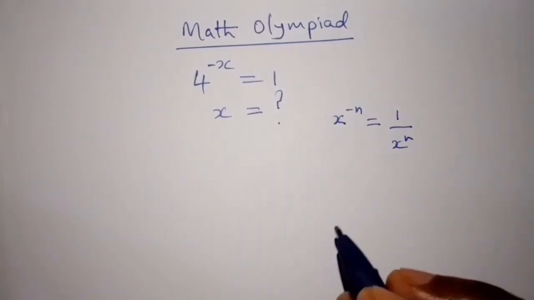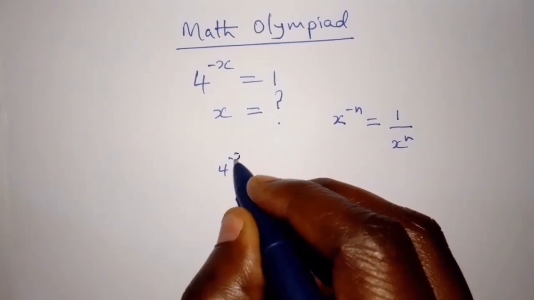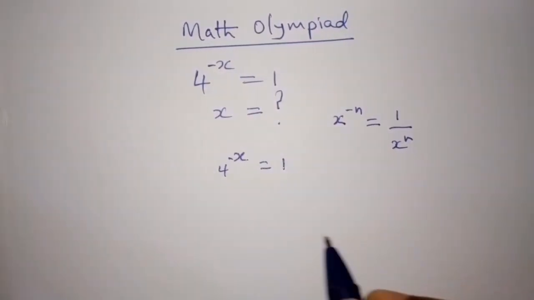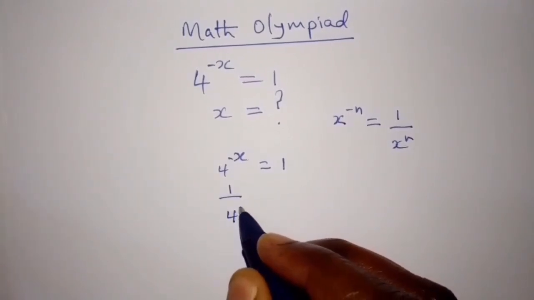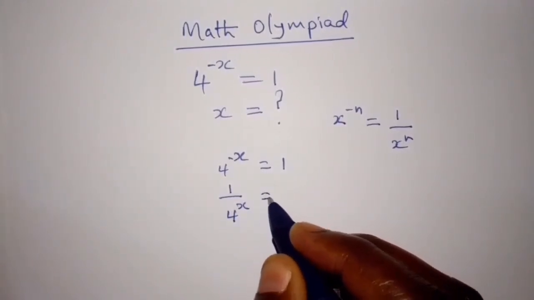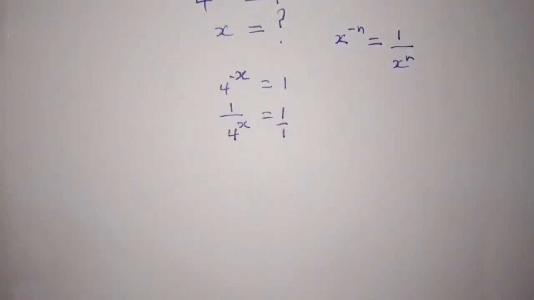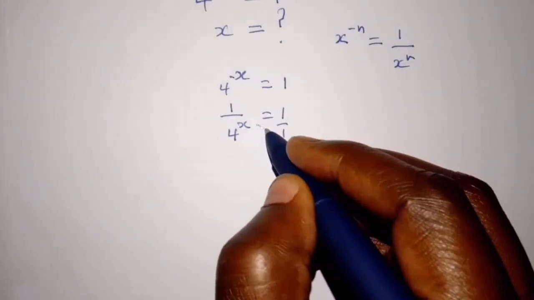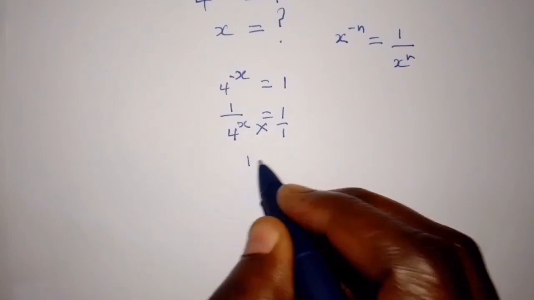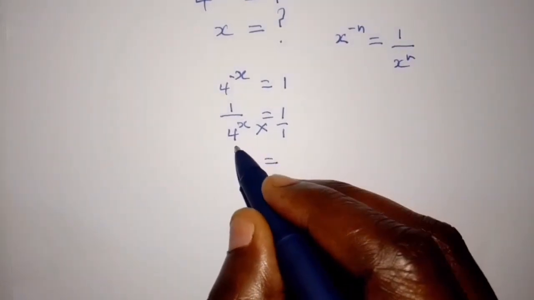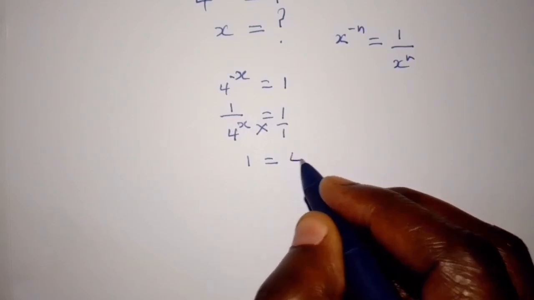So now we can say that 4 power negative x is equal to 1 over 4 power x is equal to 1 over 1. Then we cross multiply. 1 times 1 is 1 is equal to 4 power x times 1, which is 4 power x.